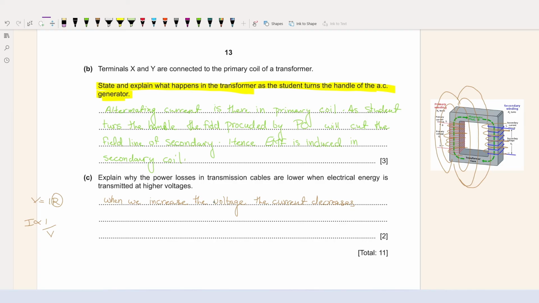We are not changing the cable. So the resistance remains the same. Therefore, energy loss will be less.